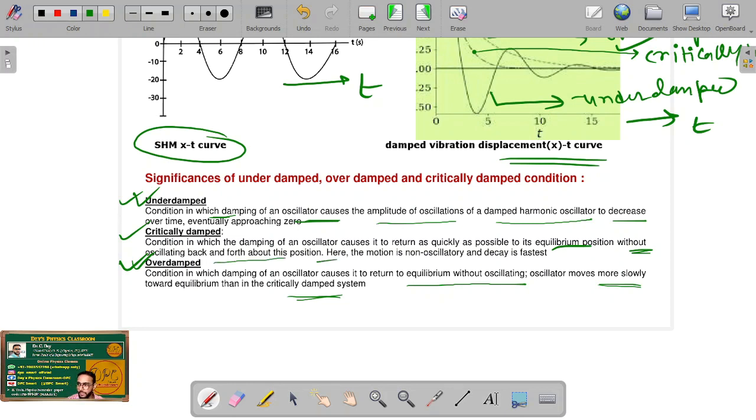That means it will not keep oscillating about its equilibrium position, and it will try to bring the oscillator back to its original position of rest as fast as possible. So the decay is fastest. So these are the three significances of underdamped, overdamped and critically damped vibrations.